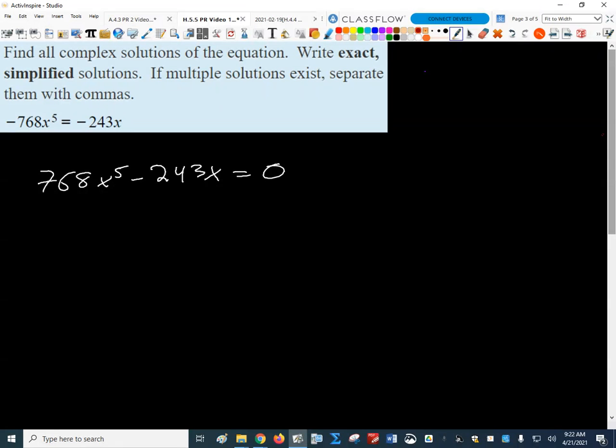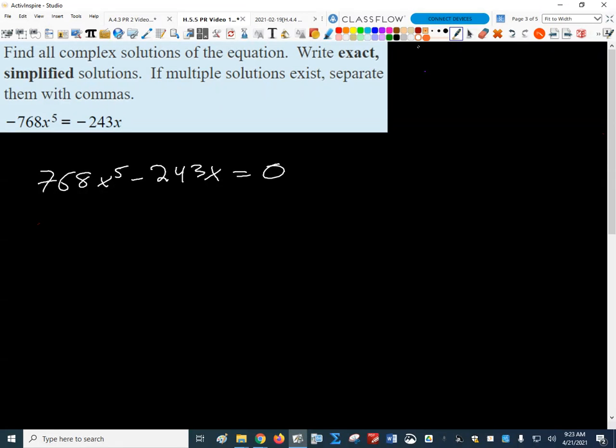Now let's look at these. See if we can figure out a number that divides into both of those. Two plus 4 plus 3 is 9. 7 plus 6 plus 8 is what, 21? So what's a number that divides into both of those then? 3. Okay, and then an x, right? Let's try that, and then we'll see if we can go any further.